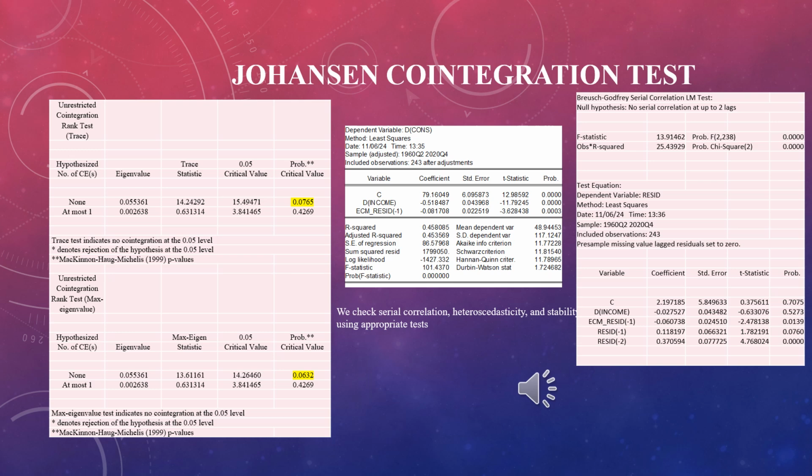Secondly, the White heteroskedasticity test shows heteroskedasticity in the residuals. The error variance is not constant. All these problems suggest that although the ECM captures the relationships, the correlation and heteroskedasticity issues must be addressed to improve it.